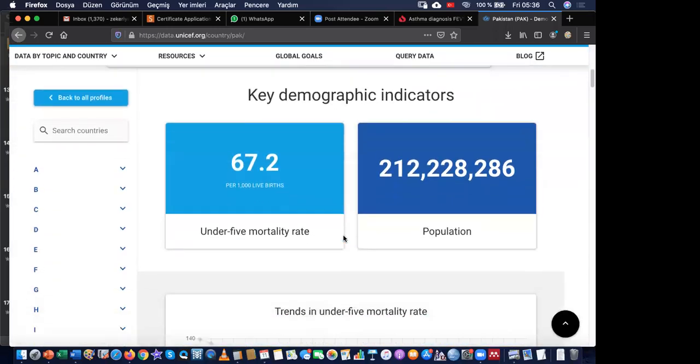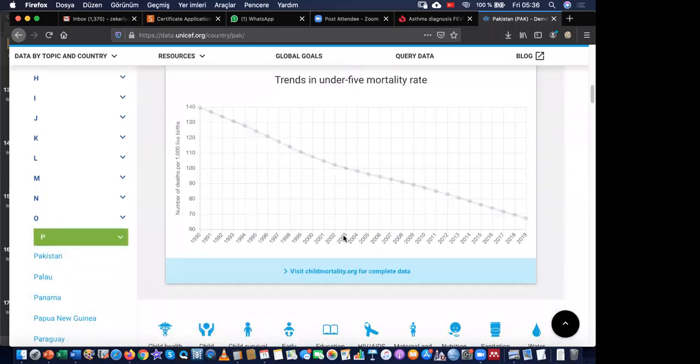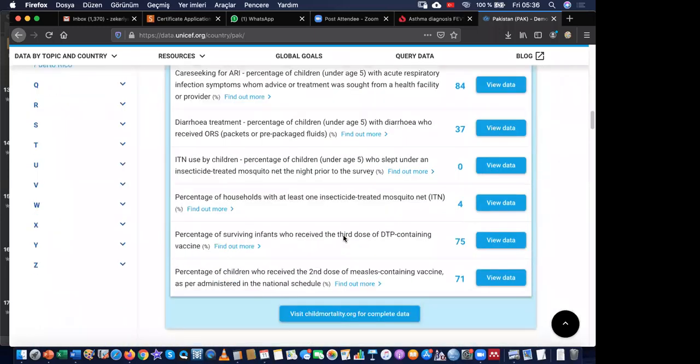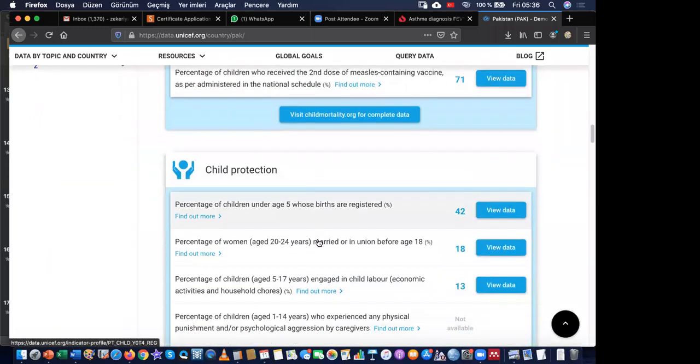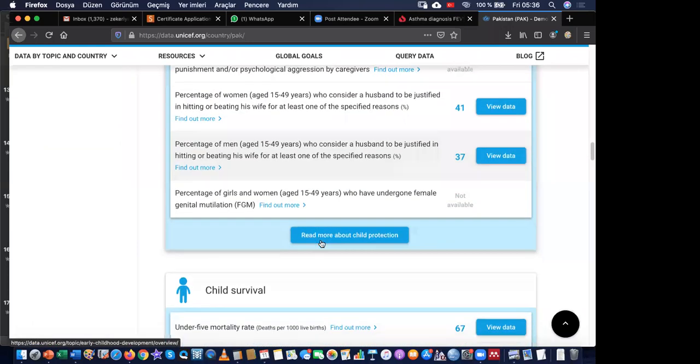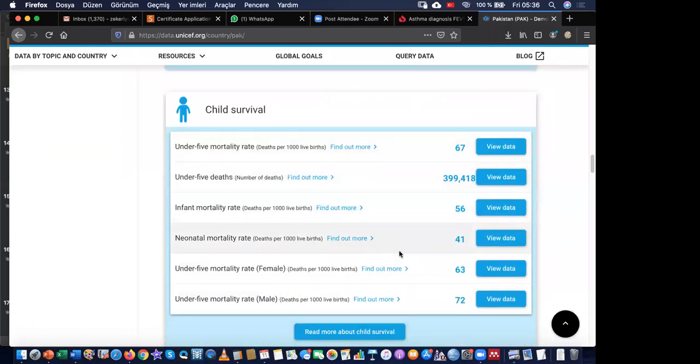You think it is more than Kyrgyzstan, yes? Yes, it is. The neonatal mortality rate is 41, so it is higher than that of Kyrgyzstan.